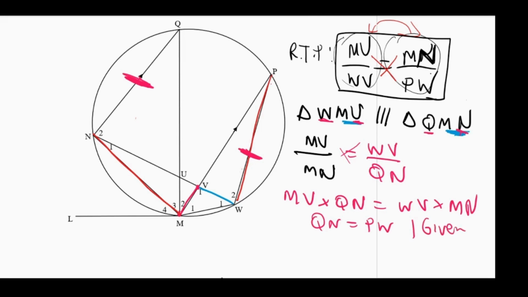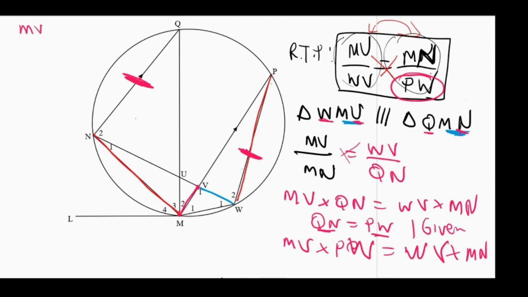So where we see QN, we want to replace it with PW. Why? Because the previous question there's PW, right? So it's going to be MV multiplied by PW equals to WV multiplied by MN, right? So let me write it here. So it's going to be MV multiplied by PW is equal to WV multiplied by MN.